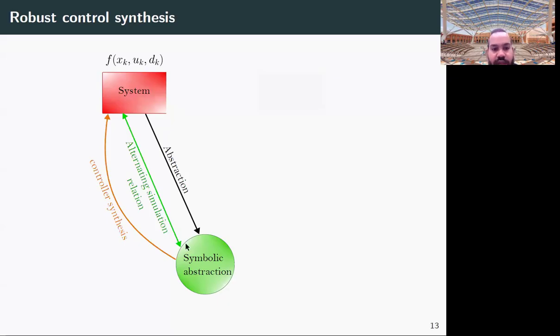Then we have an alternating simulation relation between the two systems, and with this condition, we can guarantee that if we synthesize a controller for the abstraction, we can refine it back to our continuous system. So this is the standard way of doing symbolic control.